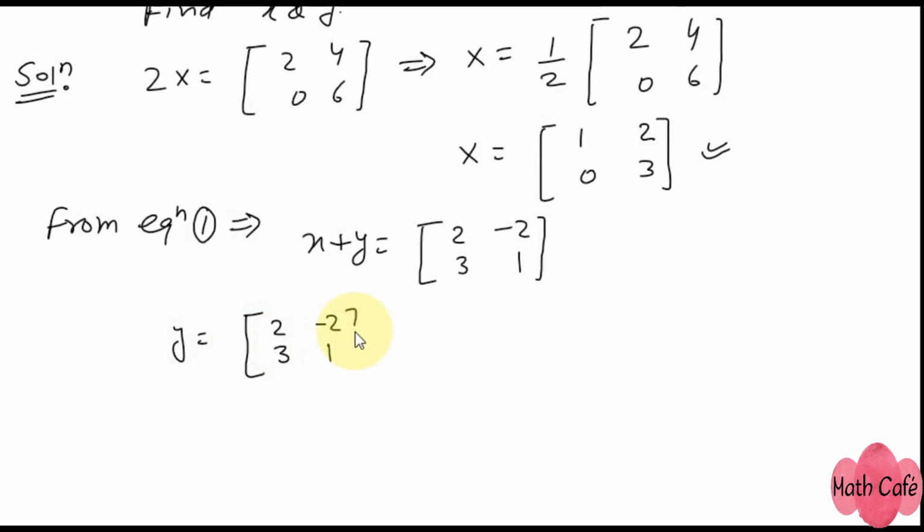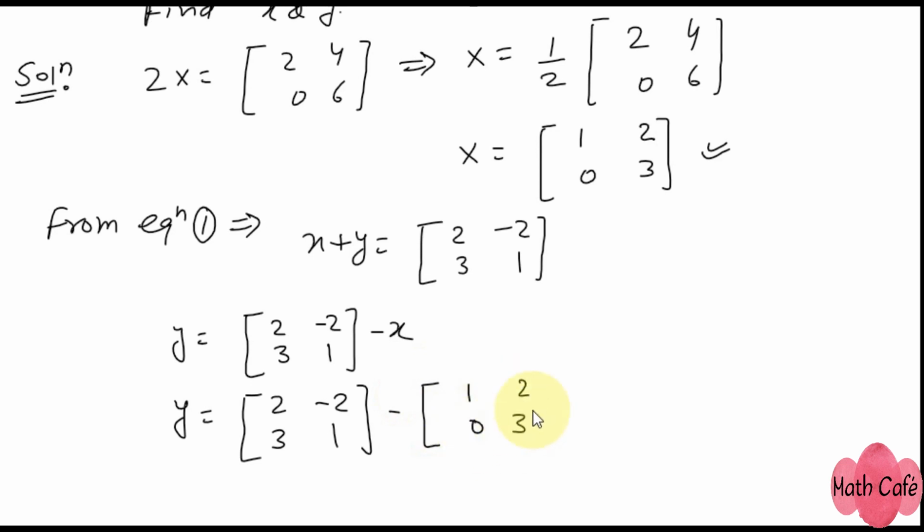Y will be equal to 2 3 minus 2 1 minus X, and we already have the value of X. So Y will be equal to 2, 3, minus 2, 1, minus another matrix X, which is 1, 2, 0, 3.